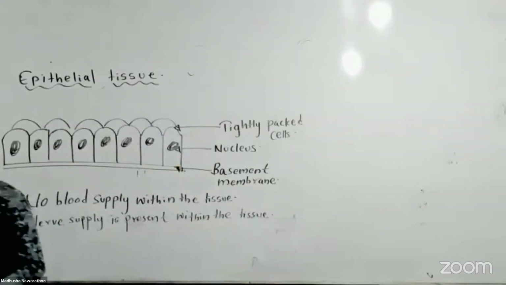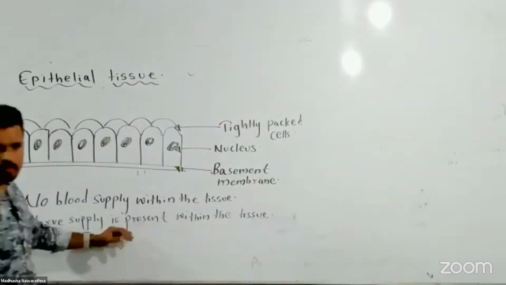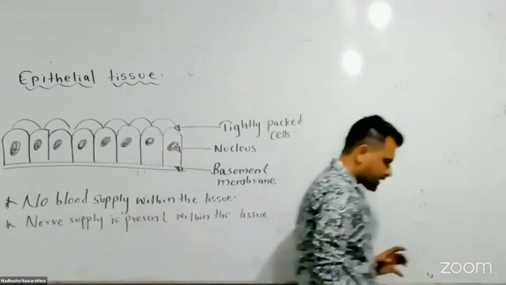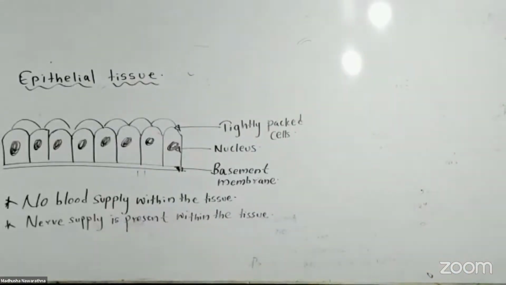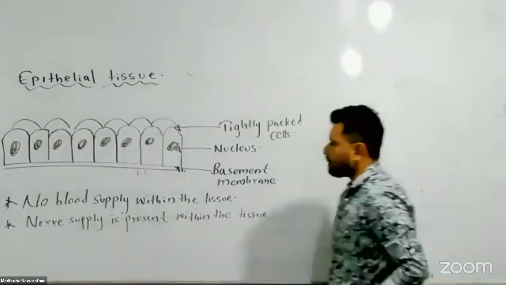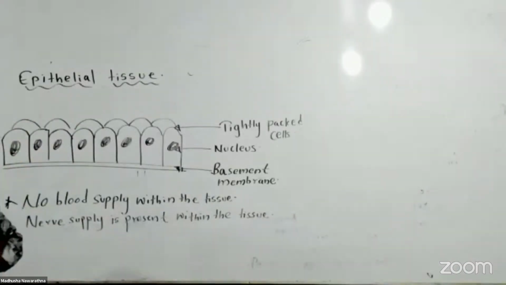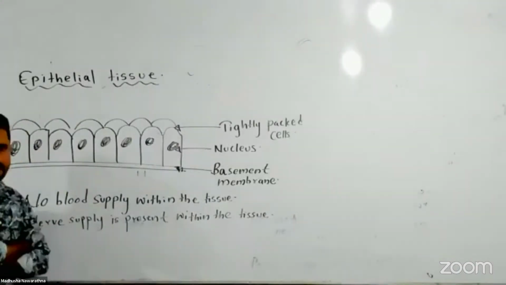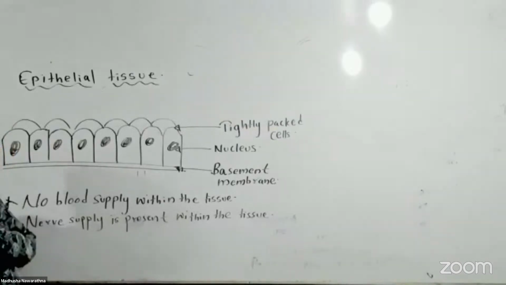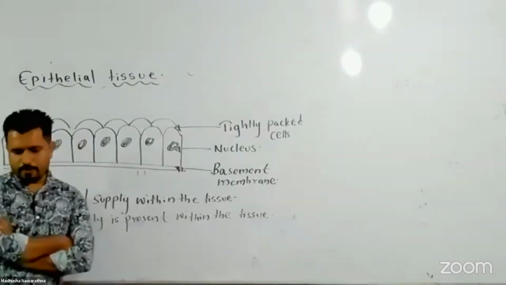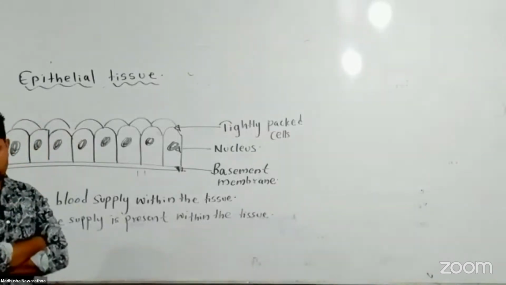No blood supply, but you can observe nerve supply. So these types of tissues, the epithelial tissues, are responsible for filling up empty spaces in our body, right?